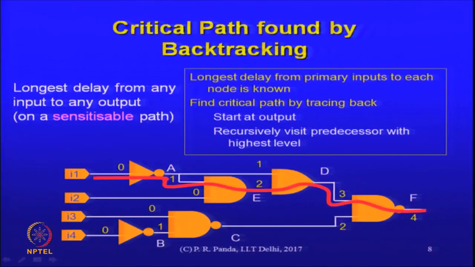Having done that level analysis first, then you could determine what is the critical path of this circuit. Critical delay is that level number itself. Critical path, we may be interested in what would be the point of knowing about the critical path, having already known the critical delay.